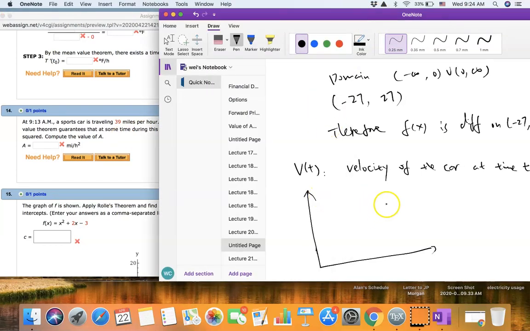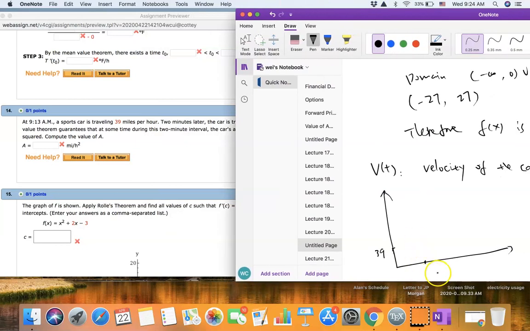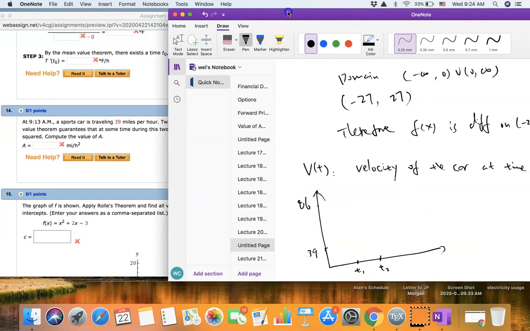So we have two different times. One is at 9:13 a.m., at which time the velocity of the car is 39 miles per hour, and 2 minutes later, the velocity is 86 miles per hour.